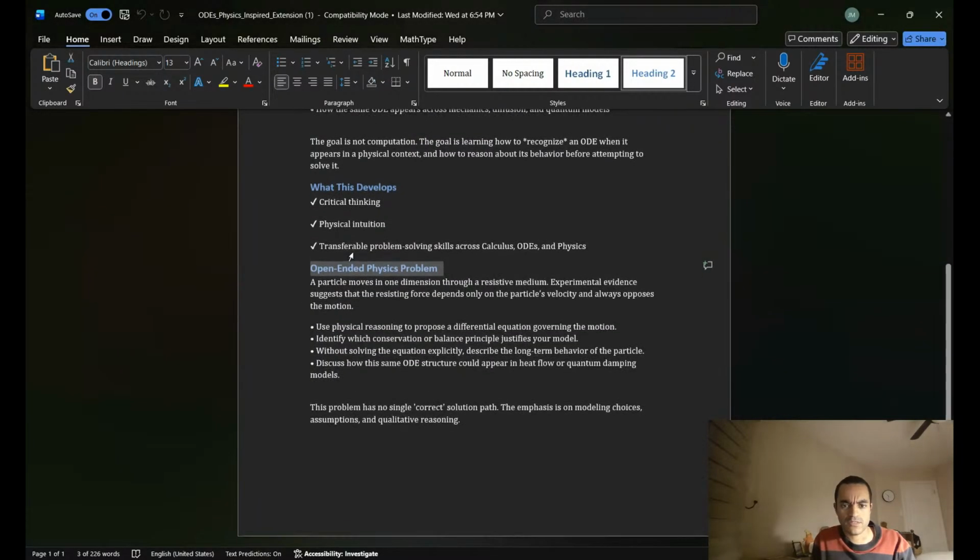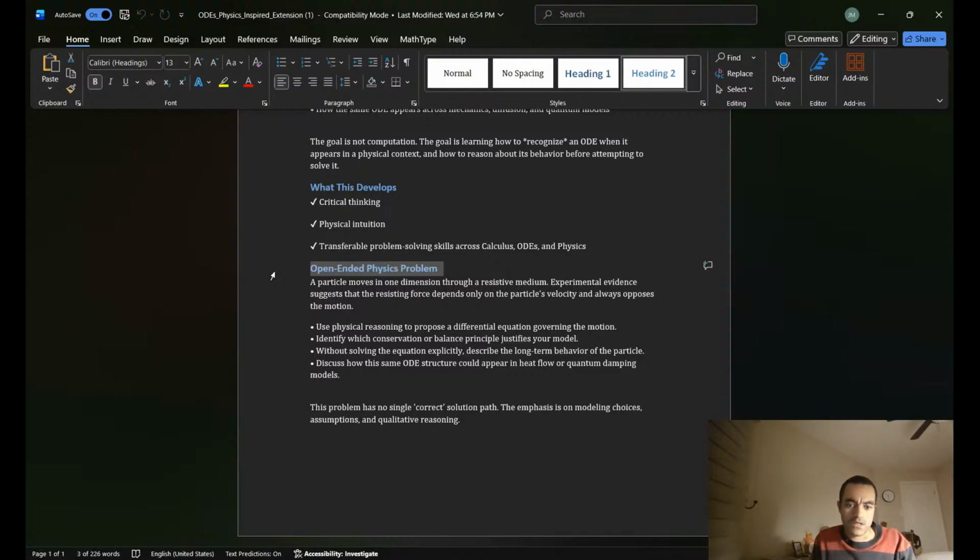Okay, we're looking at the bottom part of the Microsoft Word document. So it says here, a particle moves in one dimension through a resistive medium. Okay. And we know that there's experimental evidence that suggests that the resisting force depends only on the particle's velocity and always opposes the motion. Okay.